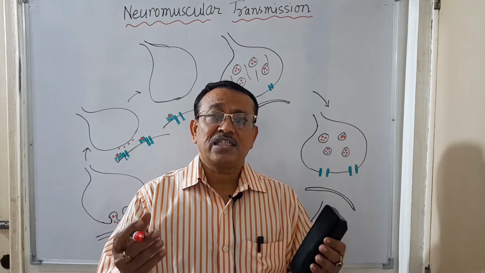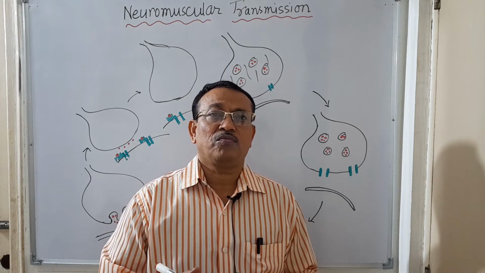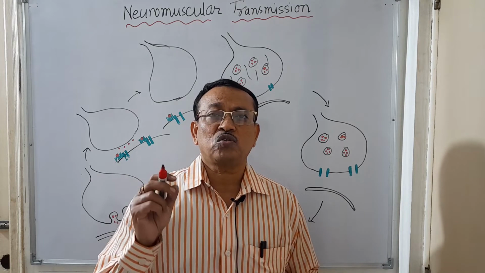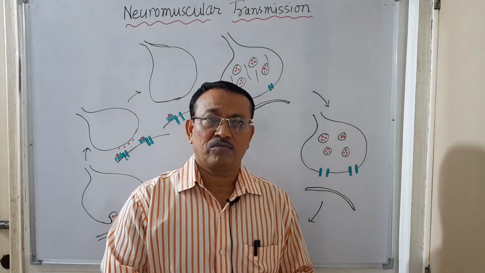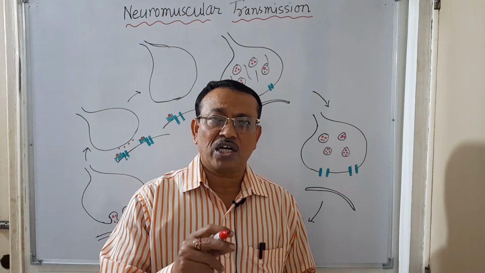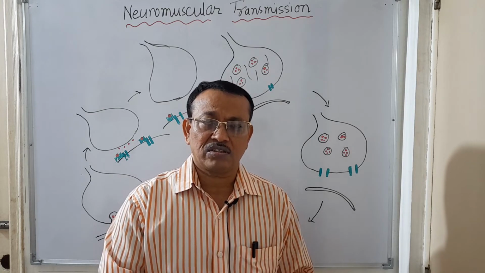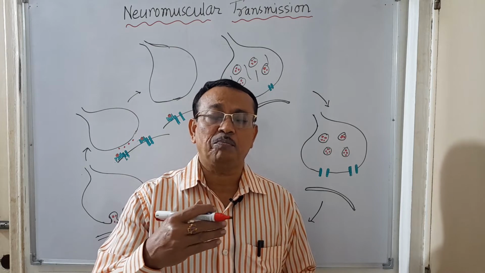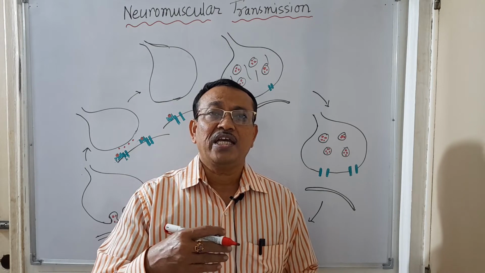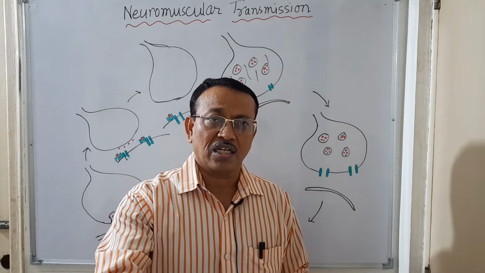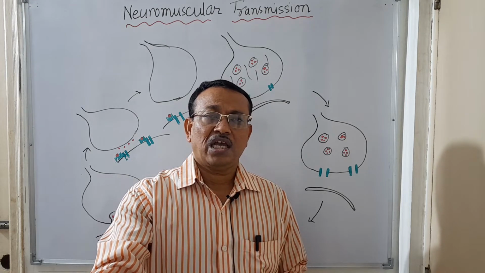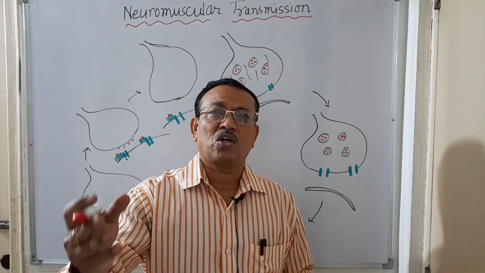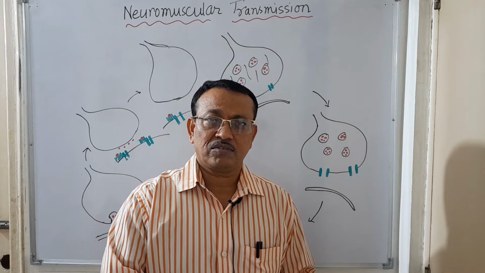So let us see in this video, in response to stimulation of the motor neuron, either by an external stimulus or an internal stimulus, how that electrical impulse or electrical signal is passed to the muscle, and thereby muscle contraction takes place.